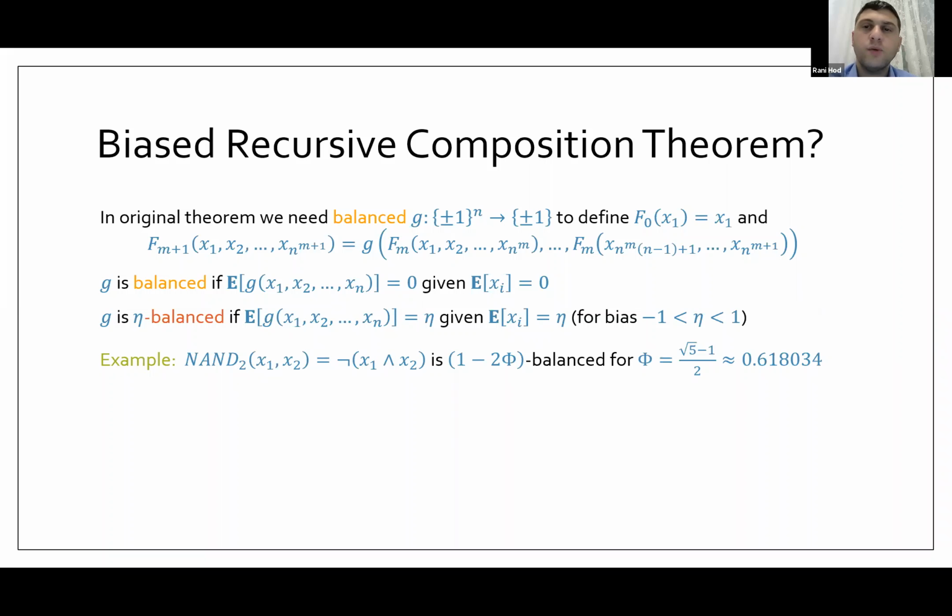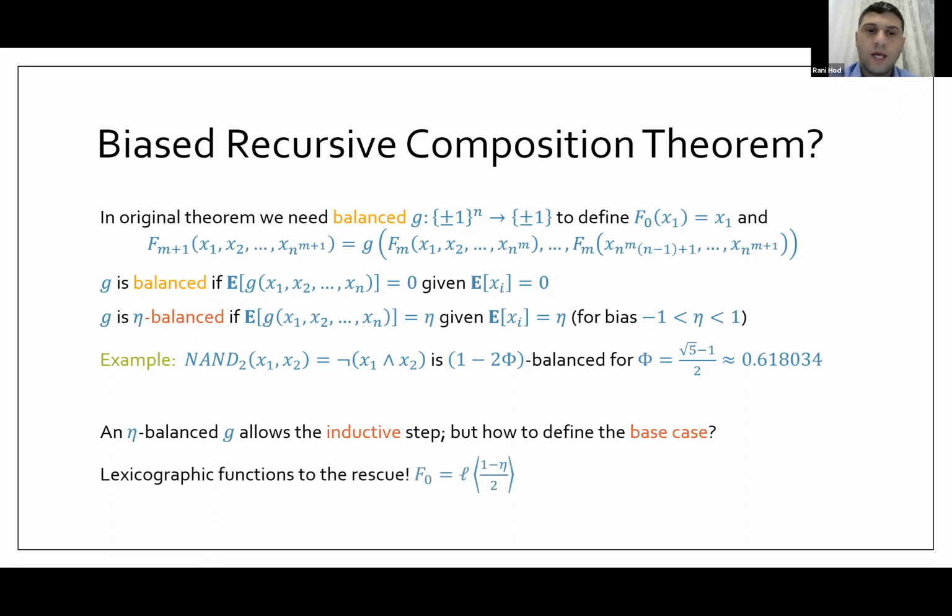So that means that we now can begin and do the same thing. We just compose g over itself, but we have some problem. We need to start somewhere. And we would start from some function giving us a specific bias. That would be a lexicographic function.